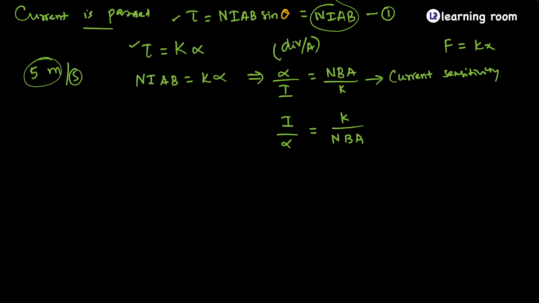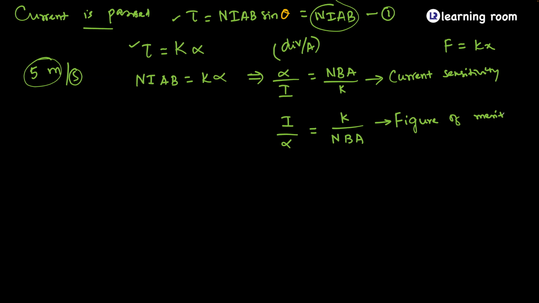How much deflection you are able to produce in the pointer for unit value of current defines the current sensitivity. In a similar way, if I write it as I by alpha, this is the reciprocal of current sensitivity, and it has a name called figure of merit.